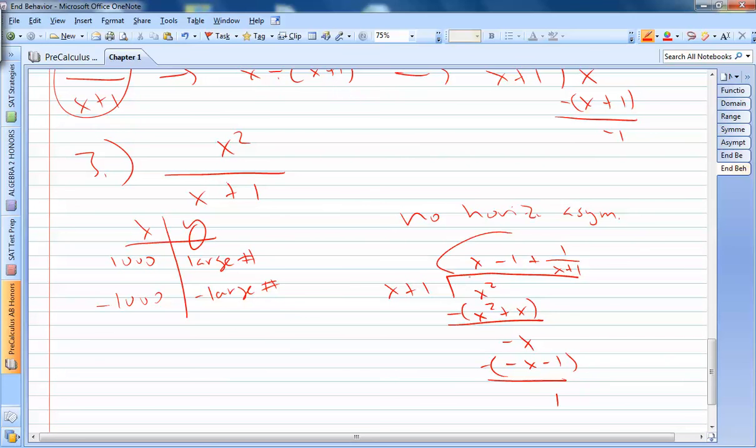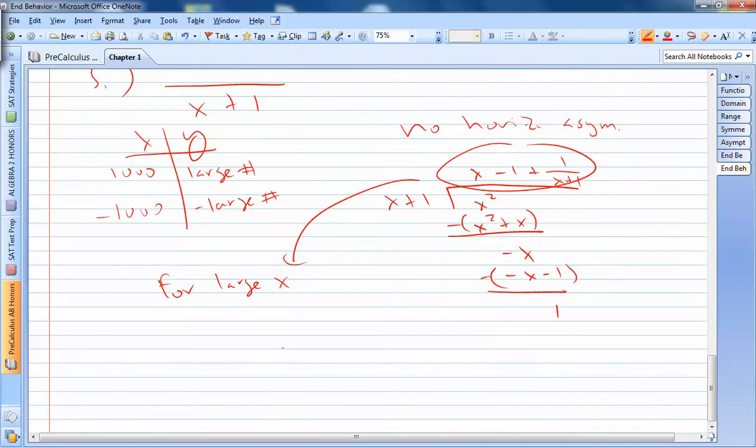So for large x, basically x minus 1 is the end behavior asymptote.